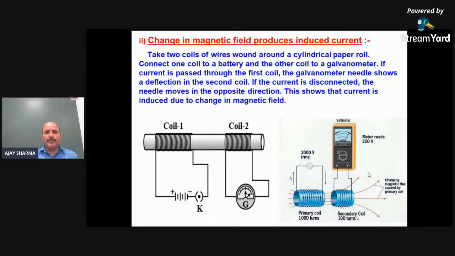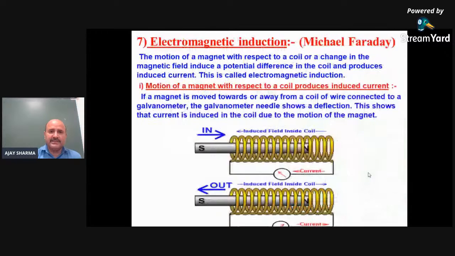So students, I hope the concept is very clear to you. These two slides, this slide and the previous slide, are very important because this concept will be utilized for the production of electric current in generators.